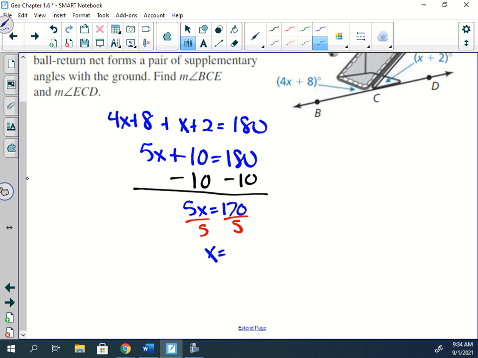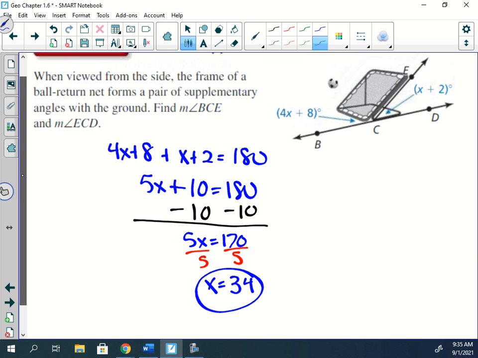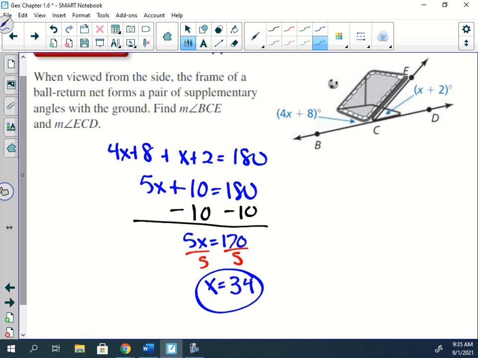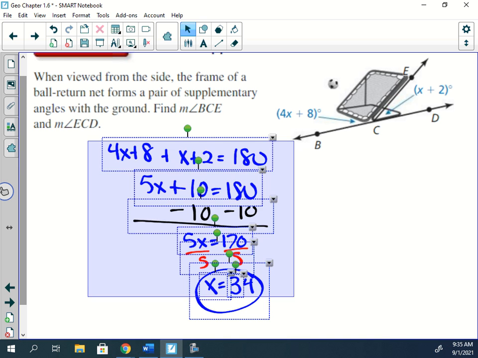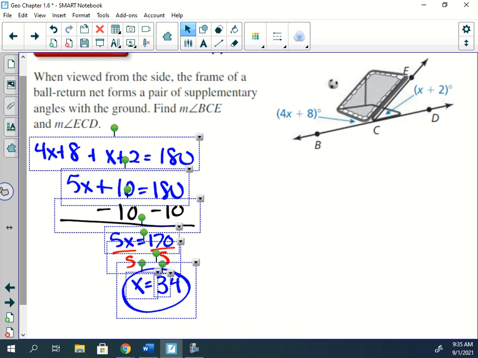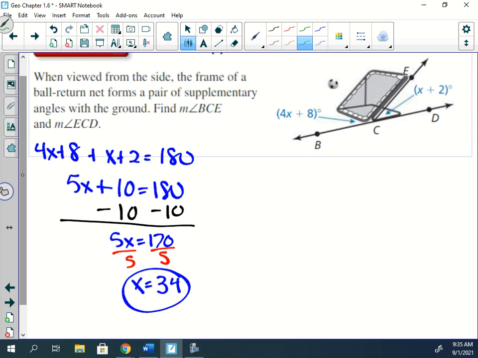How many times does 5 go into 17? 3, which is 15. 20, which is 34. So that's the value of x, yes? So we have to plug it back in. We can take 4x plus 8 and plug 34 in.